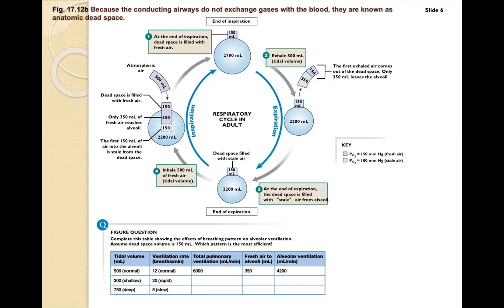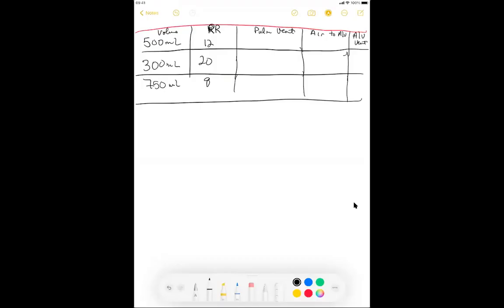Okay, now I'm going to share my screen. Okay, so here's our little chart. In our first example, we're going to calculate our alveolar ventilation. For 500 mils, where our respiratory rate is 12 breaths per minute.